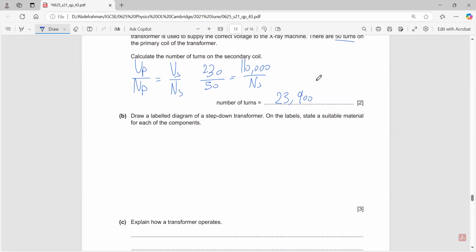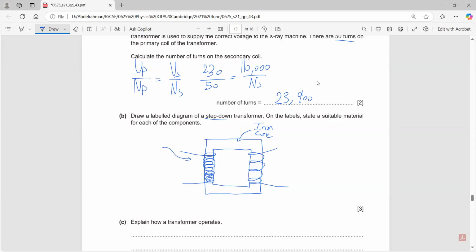Draw a labeled diagram of a step-down transformer. On the label, state the suitable material for each of these components. This is quite a gift, I guess. 5 marks. They have given you 5 bonus marks. We need a core made of iron. This is a step-down transformer, isn't it? So this is an iron core. Step-down transformer means that you have more coils on the primary coil and less coils on the secondary coil.